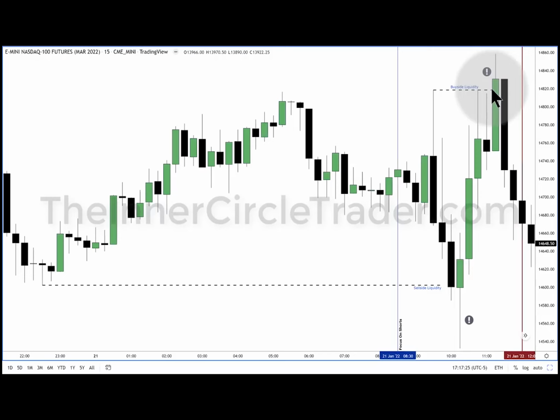All right, so we have both of these areas, here and here, where there would be a likelihood of a market structure shift. Up here, we look for a fake run above. So that fake run above, how do we know it's going to be a bearish market structure shift? I get that question a lot, even from mentorship students.